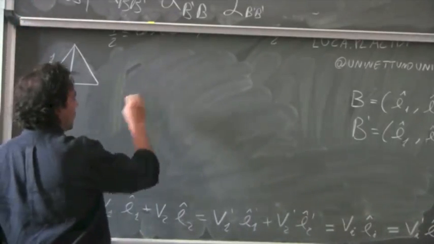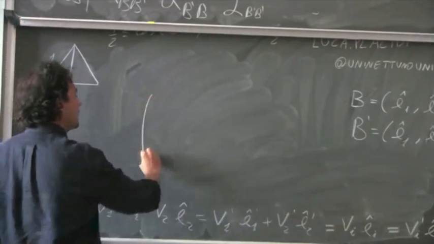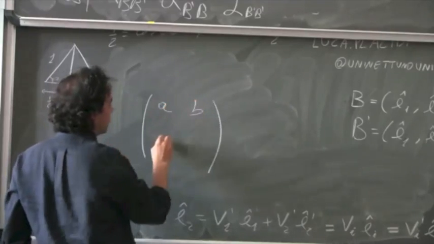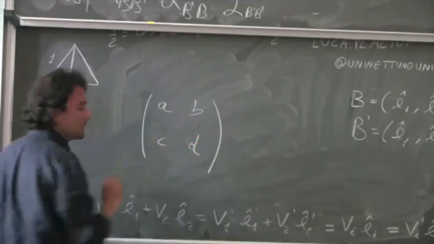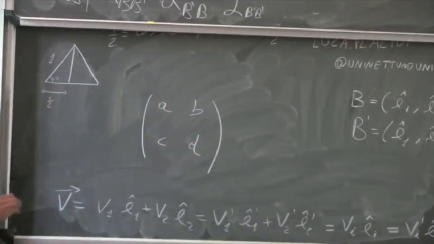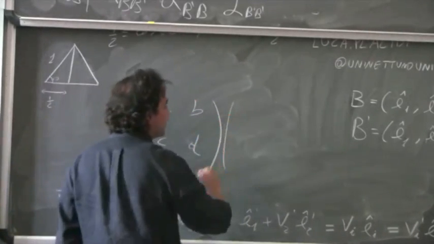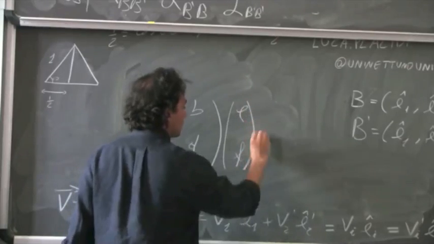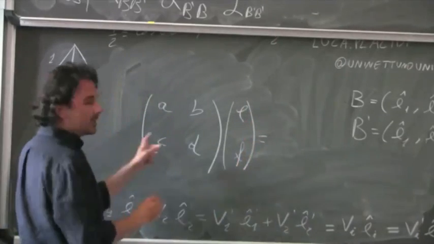The idea is the following. You know that if you have a matrix, you have some components of this matrix, and you apply this matrix to a vector. You know what is in the result?